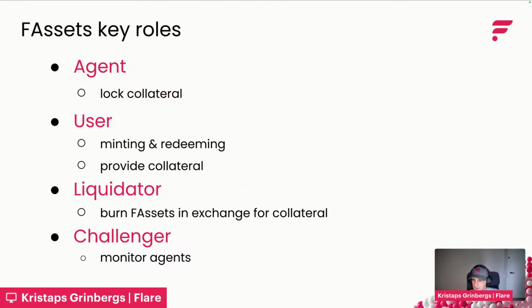And then there is the liquidator. The liquidator is a very key role in the FAssets system. When something bad happens with an agent, either the agent makes an illegal payment or doesn't do something that is needed, the agent is put in the liquidation process, and the liquidator can burn the FAssets in exchange for collateral.